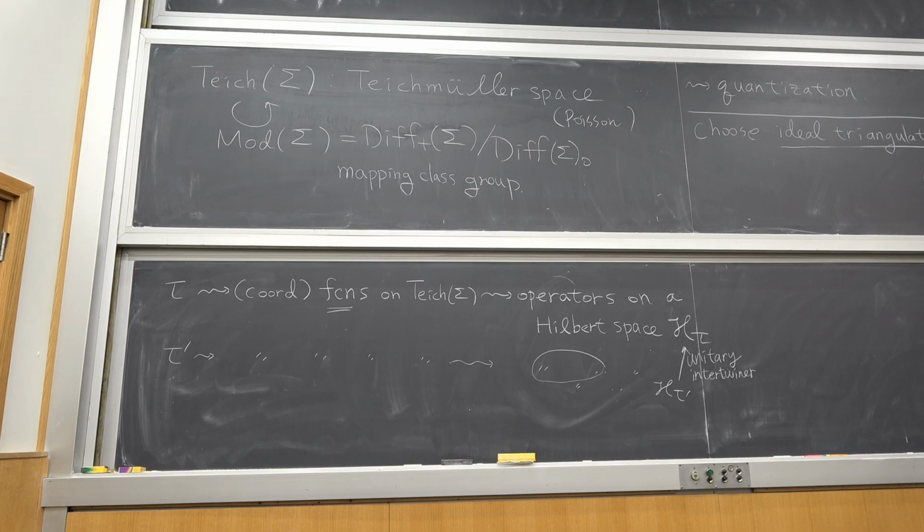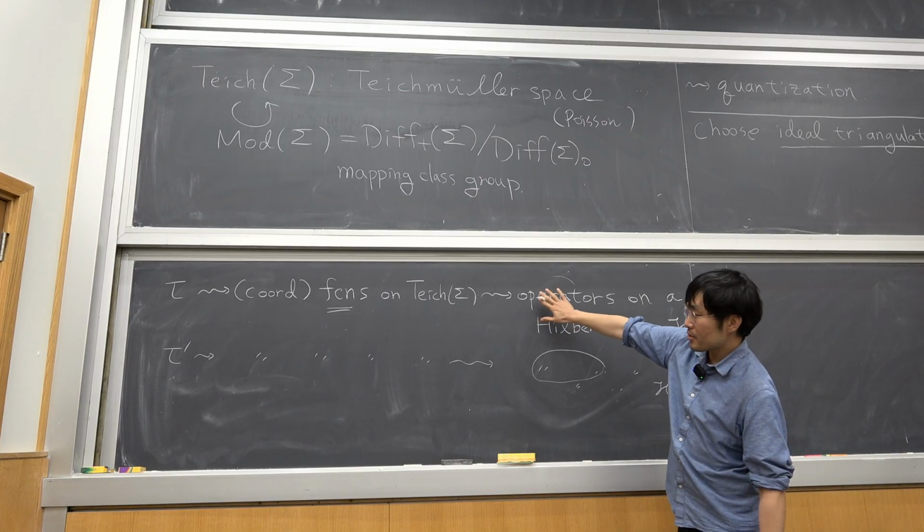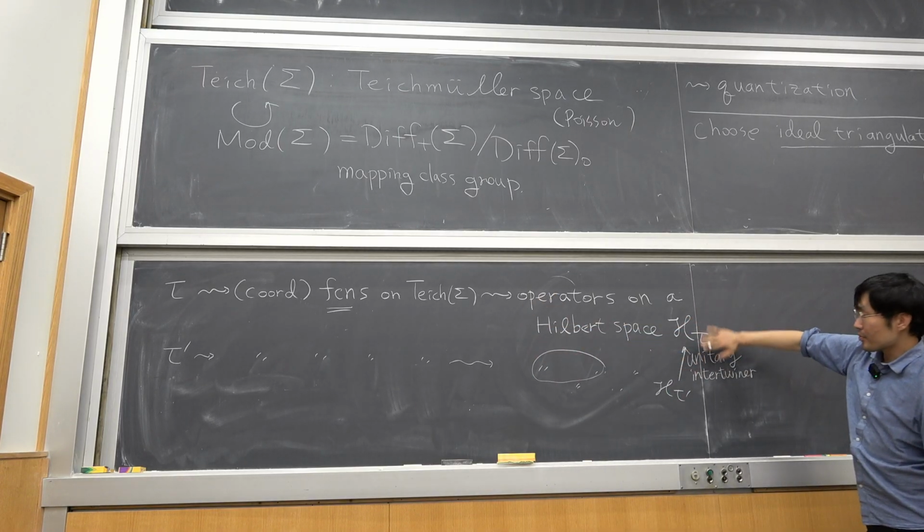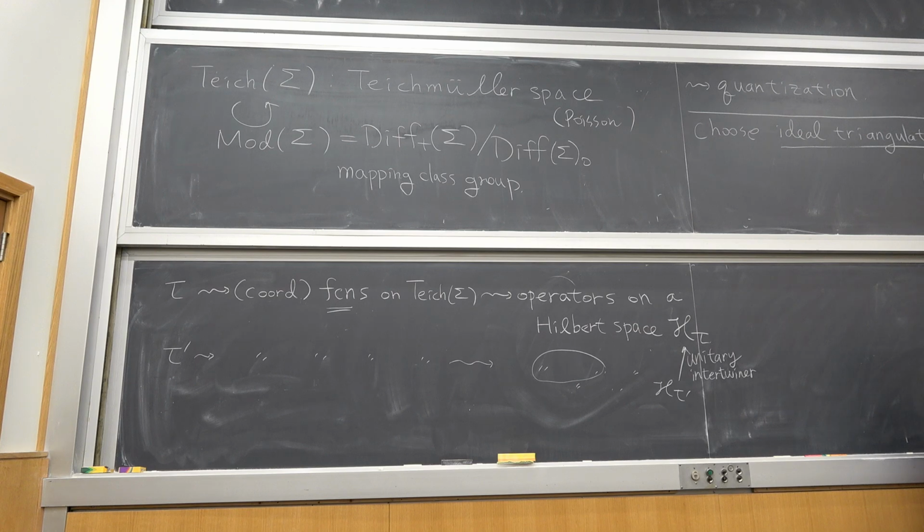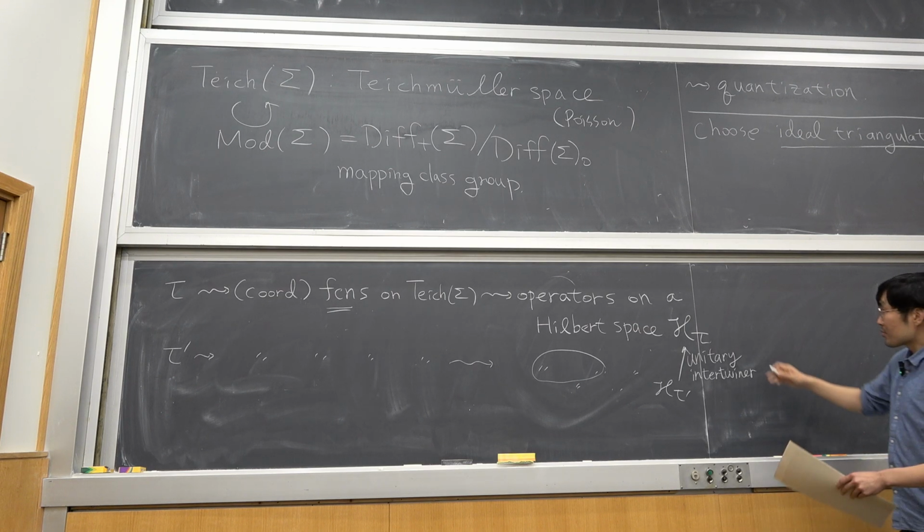So that's a very rough picture of what's going on. And one good way of packaging this story, this assignment and this compatibility, is in terms of the groupoid of ideal triangulations.